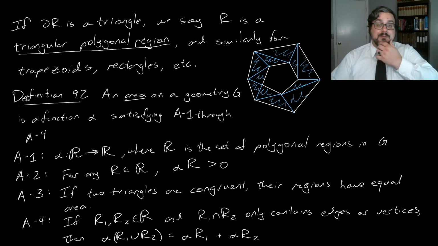So if I've got two different regions that don't overlap at all or only overlap in segments and points, then the area of the whole should be equal to the area of the pieces.